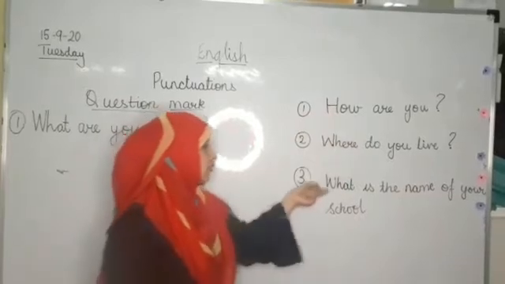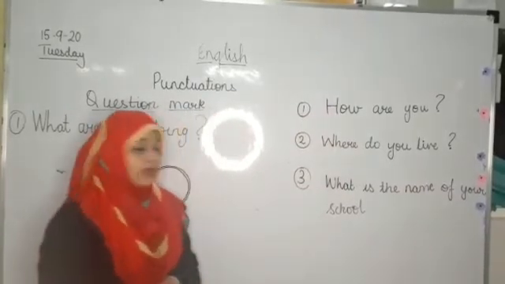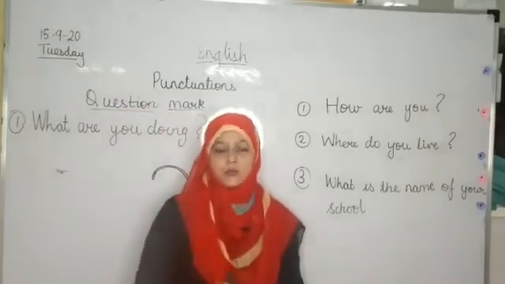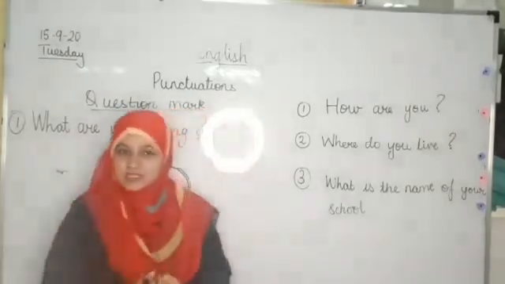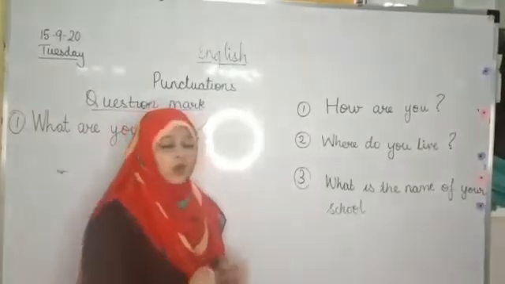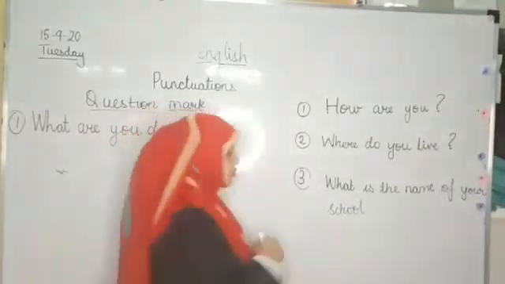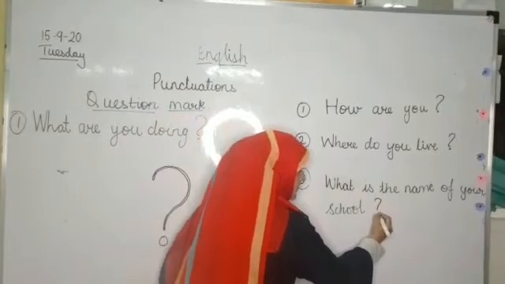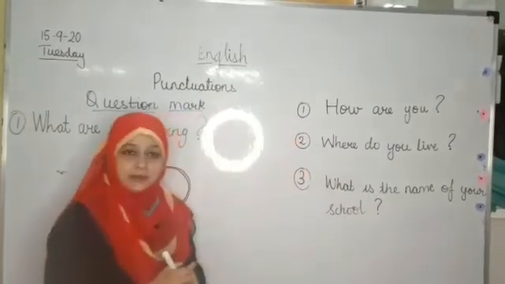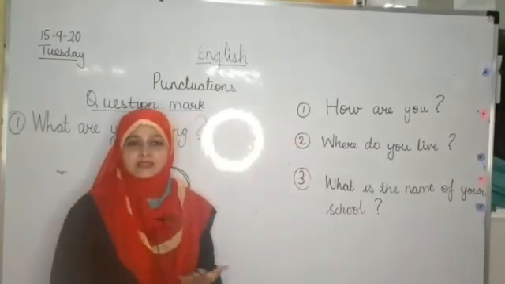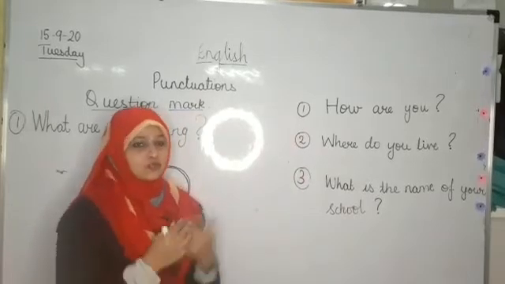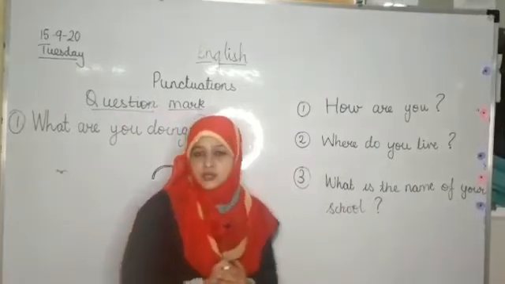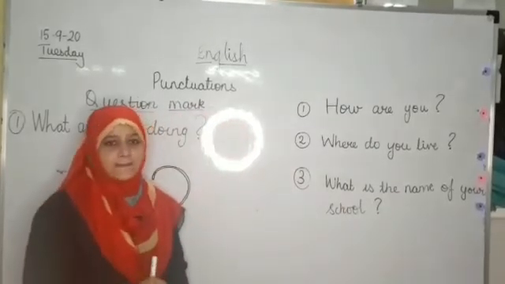What am I saying? What am I doing? I am asking you, what is the name of your school? So when I am asking you something, it is called a question. So when it is a question, we put the question mark. Means when anybody is asking you anything, they are asking you a question. So that question needs to be ended with this mark. This mark is called a question mark.